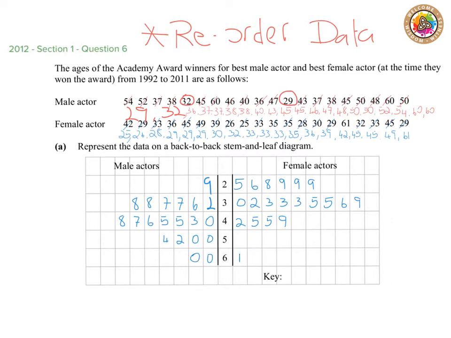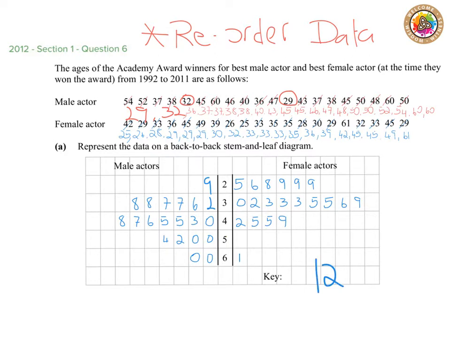Okay, so essentially my stem and leaf diagram from my reordered data looks something like this. I note now the next thing that I need to do is to do the key. So here, picking any bit of information from the key, I'm going to do two keys.